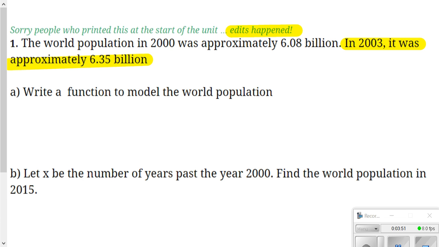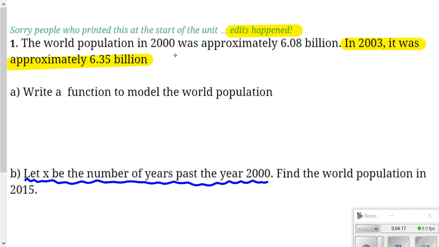It now says that the world population in the year 2000 was about 6.08 billion, and in 2003, it gives us another value. So really what we're being given here is a couple of ordered pairs. If I glance ahead, I can see down here it says that x be the number of years past 2000. So since I'm going to have to do that in part b, I'm just going to start with that idea.